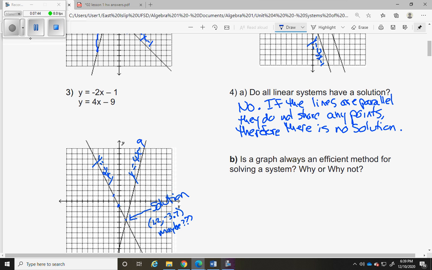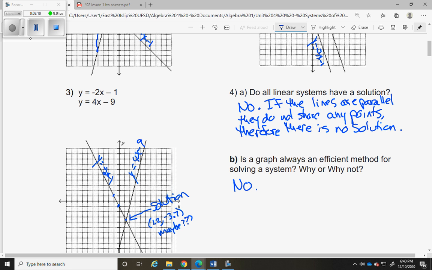And is a graph always an efficient method for solving a system? Why or why not? Obviously, the answer is no, it isn't. And it's because of number 3 of the do now, where we were able to see that there is a solution, but we were unsure of what it was. So a graph is not always an efficient method.